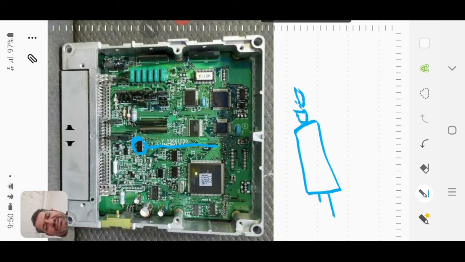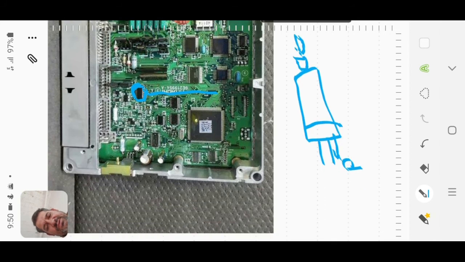The ignition coil has 3 wires: positive, negative, B negative, and a signal wire from this chip.